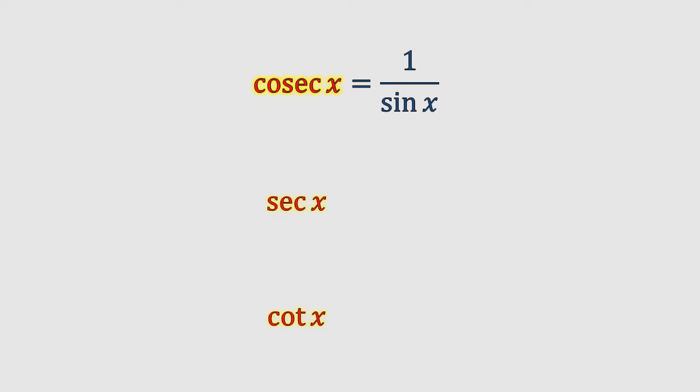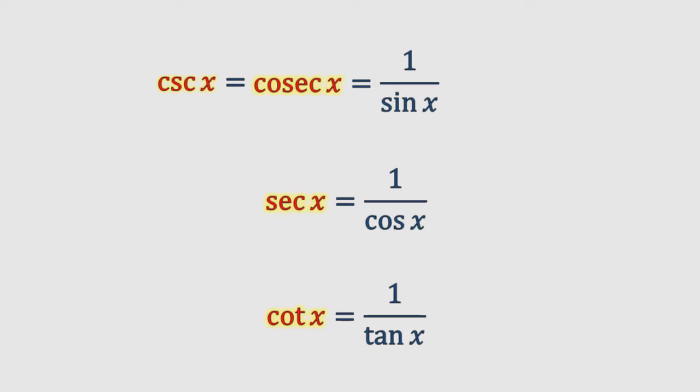Secant x is the reciprocal of cosine x. And cotangent x is the reciprocal of tangent x. These are results you are aware of from grade 10. Some new conventions make use of CSC for cosecant, but we stick to the NCERT text and make use of the notation cosec.